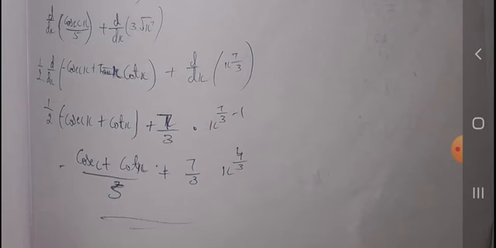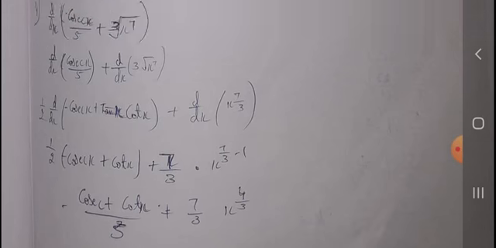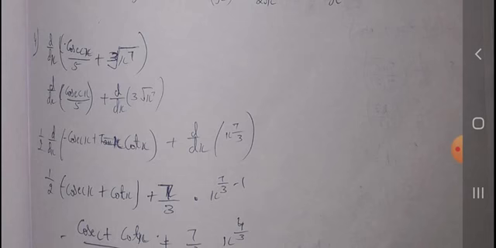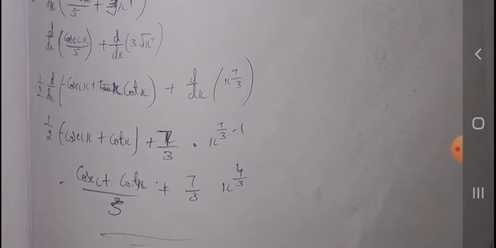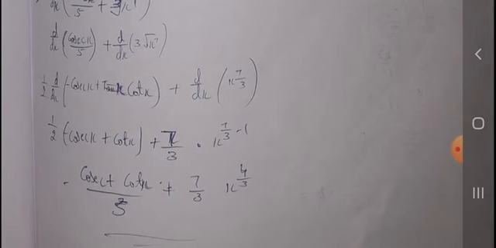The derivative of cosecant x is minus cosecant x cot x, so that you have to put, and plus 7 by 3, here this 3 you have to take inside, root you have to do 7 by 3, take it out as a constant. 7 by 3 minus 1 you have to take. As I said, if they have given a number you have to take the minus 1, so 7 by 3 minus 1, so therefore 4 by 3. So therefore cosecant x plus cot x by 5 plus 7 by 3 into x to the power 4 by 3.